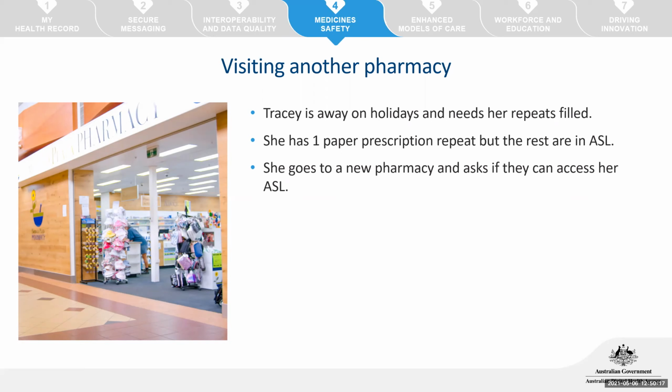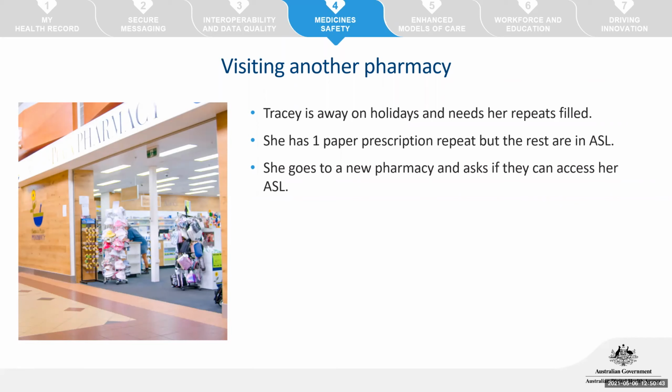So the pharmacy sends Tracy an SMS to request access or consent to access her script because this is the first time for them. And Tracy replies back with 2 where she grants them access but just for 1 day. So now the pharmacy is able to go into her active script list and dispense the medications that Tracy needs.